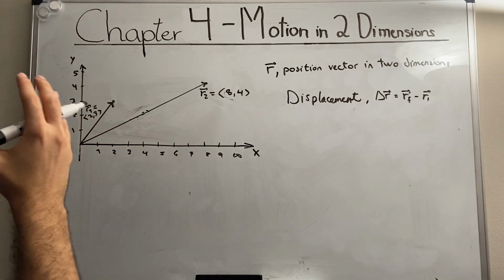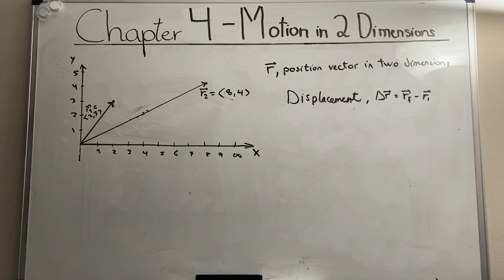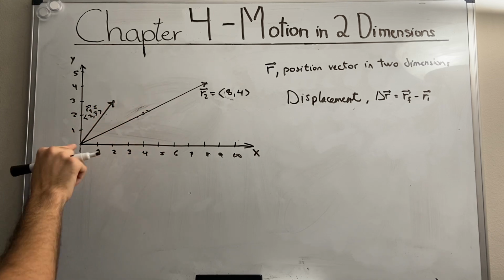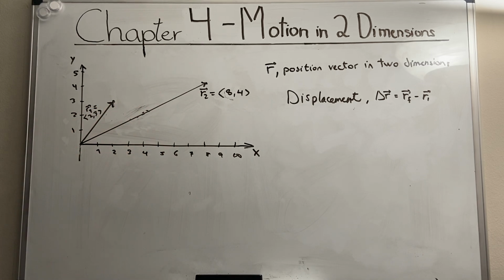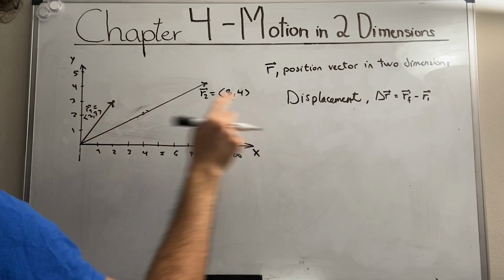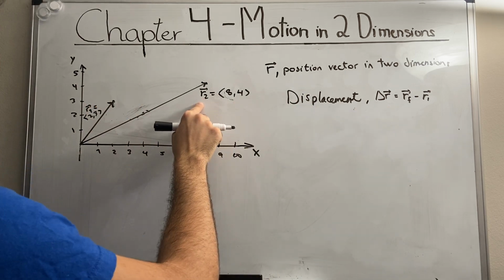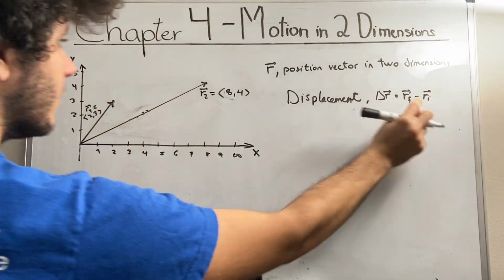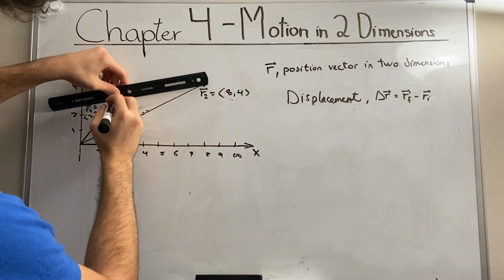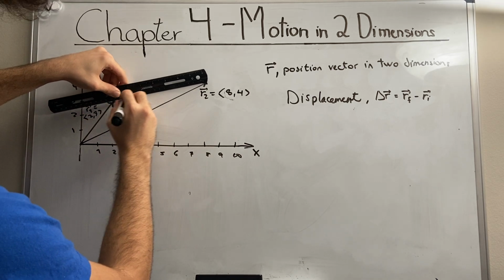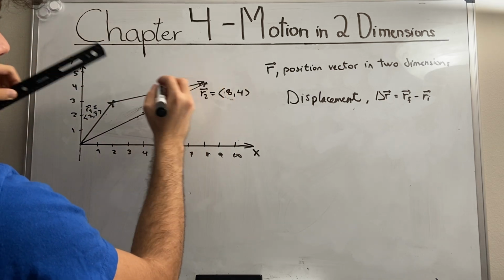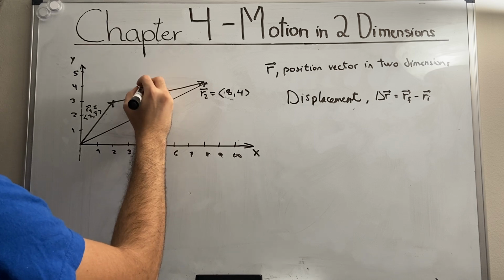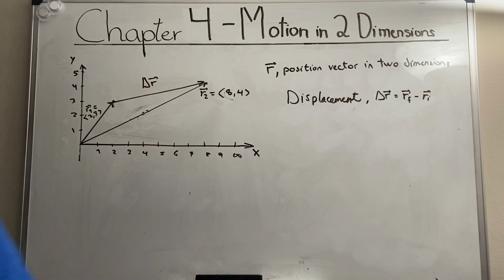Otherwise, the way that we would calculate this is by taking the two vectors, putting them tail to tail, which we've already done, and then going from R1 to R2. We're just going to trace a line. And this is basically that vector, the displacement, right?